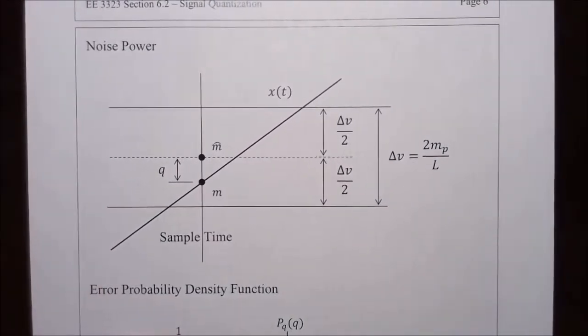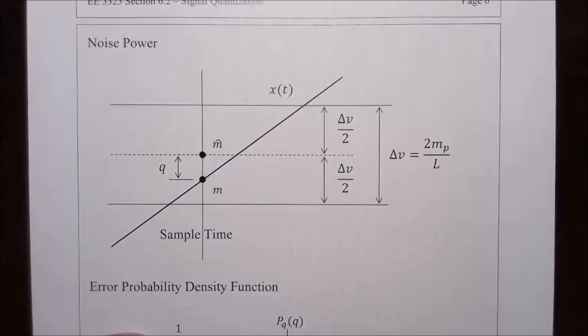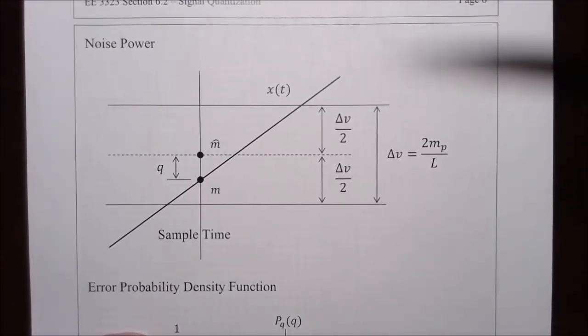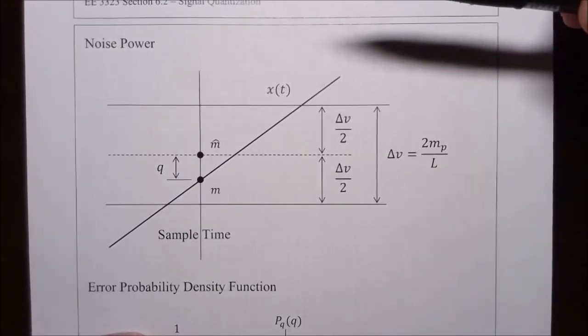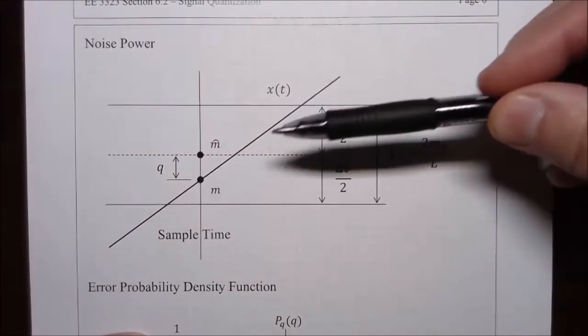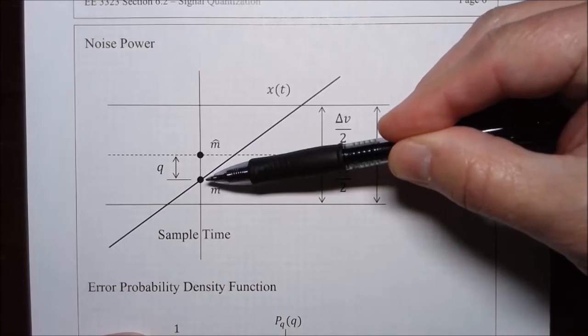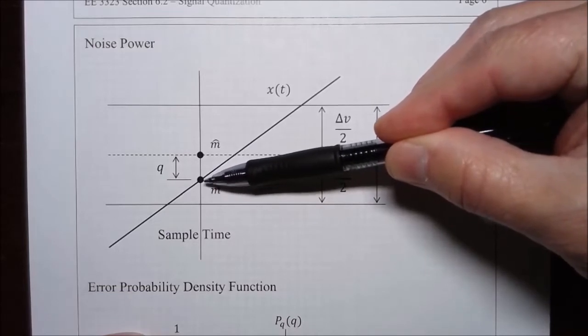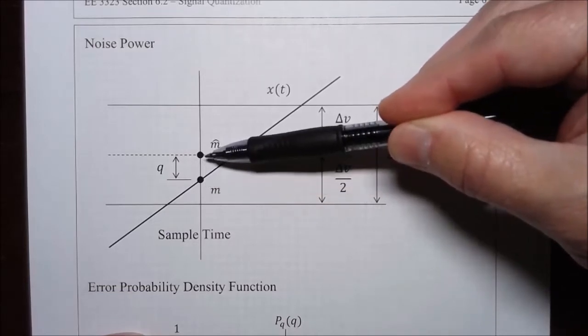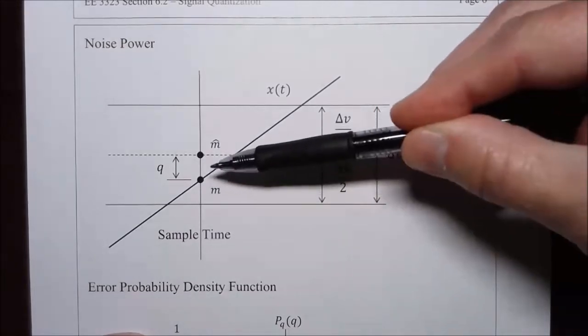Okay, to find the signal to noise ratio for our quantized signal, we need to get a handle on the noise power. And the noise power comes about due to the error between the measured value of our sampled signal and the rounded off quantized value.